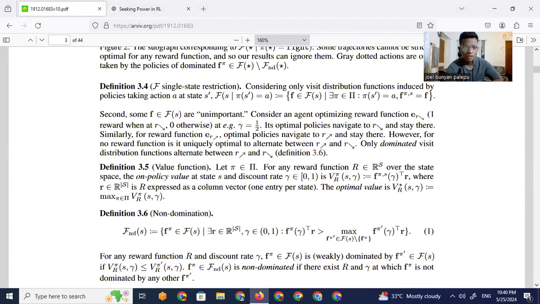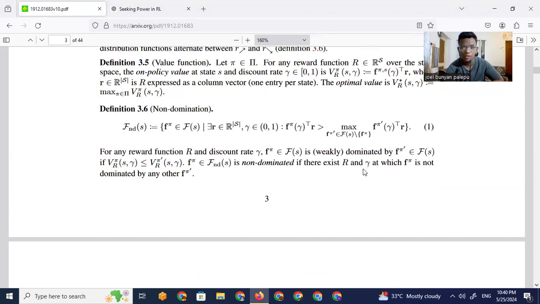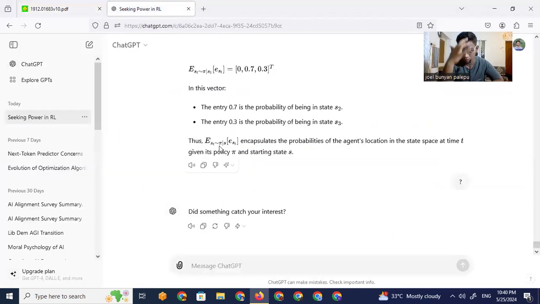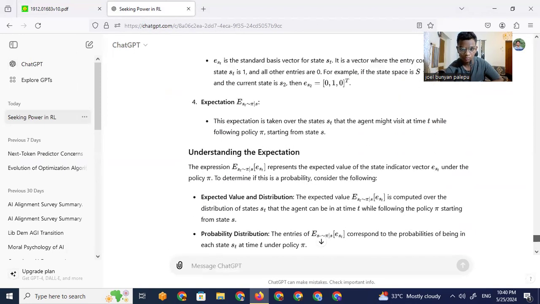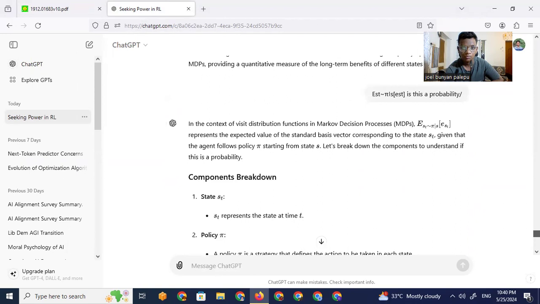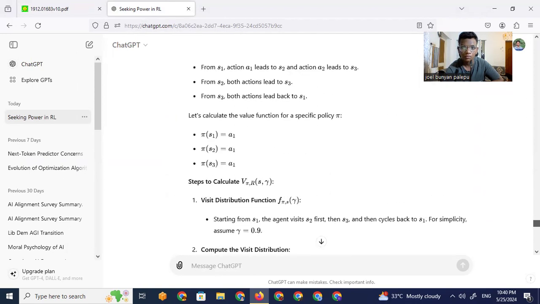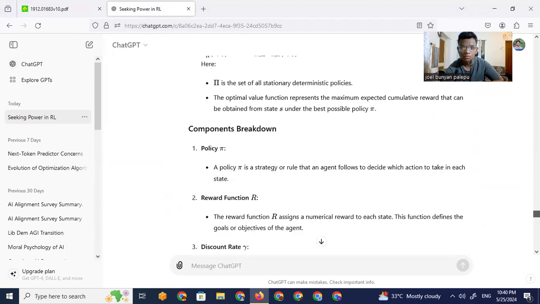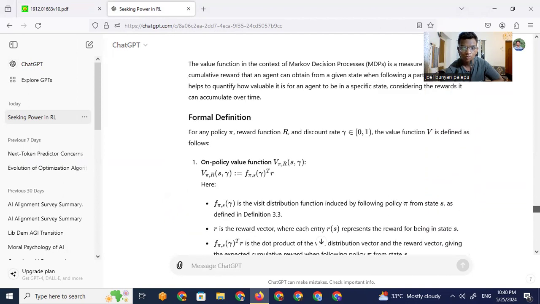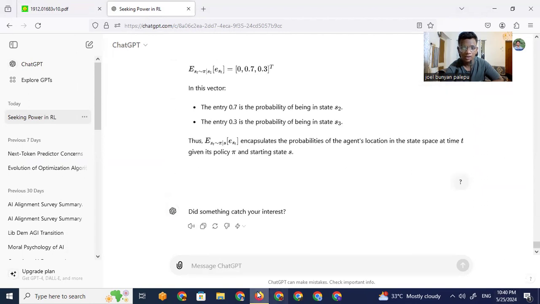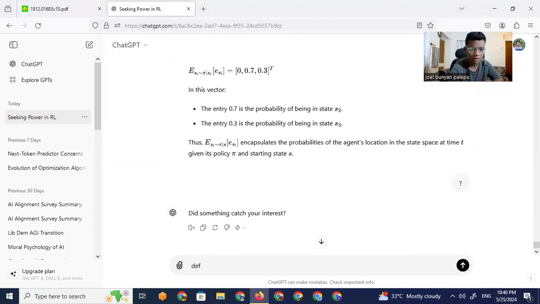So we have non-domination. Let's see the definition of non-domination. Let's see what that is. I'll say define or elaborate non-domination.